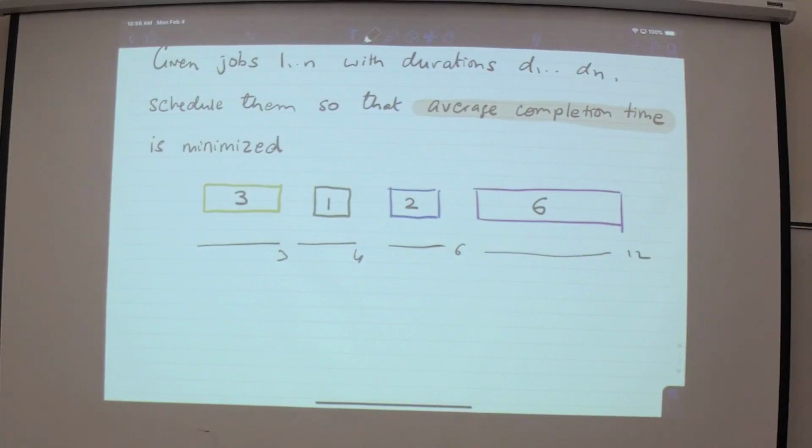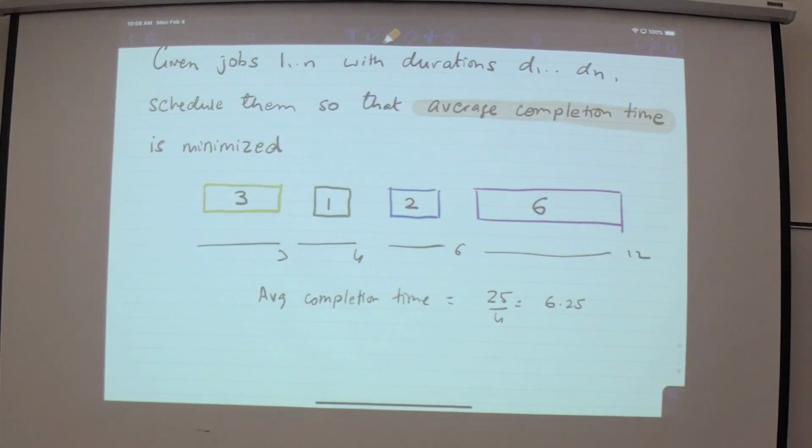Then 12 plus 6 is 18, 18 plus 4 is 22, plus 3 is 25. So the average completion time is equal to 25 divided by 4, which is equal to 6.25. My goal is to minimize this number.